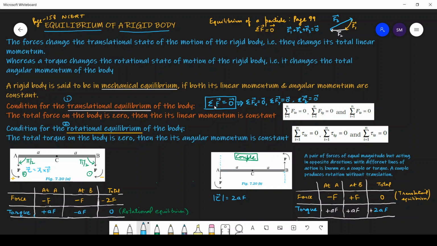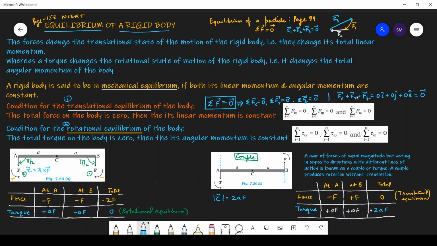So students, whenever we write 0 for any vector, it means all the three components of force are 0. So we can further write it as fx plus fy plus fz equals 0, which means you can write it as 0 i cap plus 0 j cap plus 0 k cap.